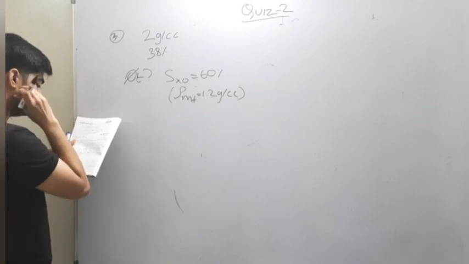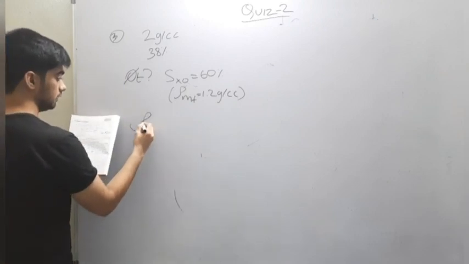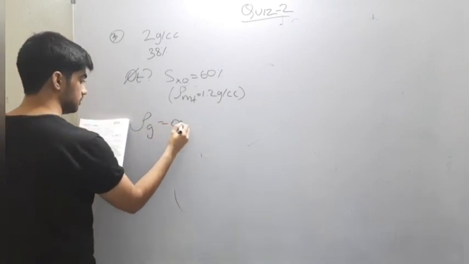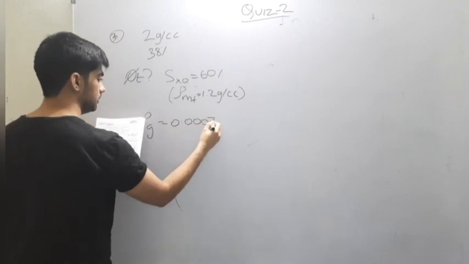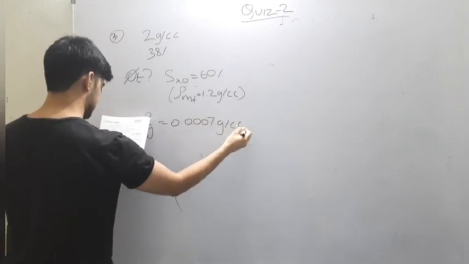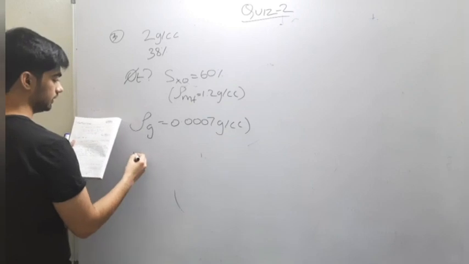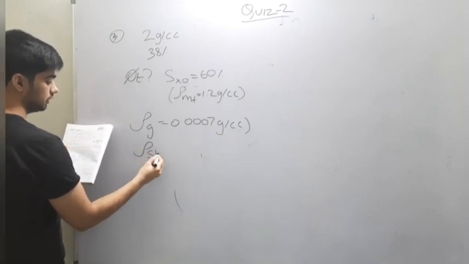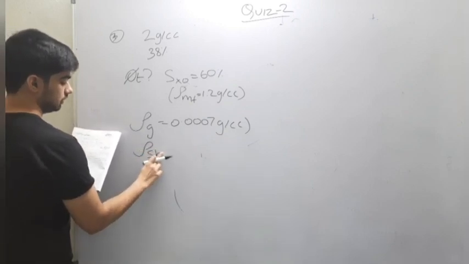Density of gas is 0.0007 gram per cc, and density of sandstone is also mentioned in the question.